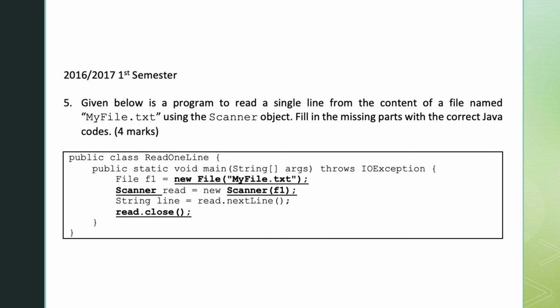You would write File f1 = new File("myfile.txt"), and then Scanner read = new Scanner(f1), so it reads your file. Then String line = read.nextLine(), and then you have to close it. You would write read.close().